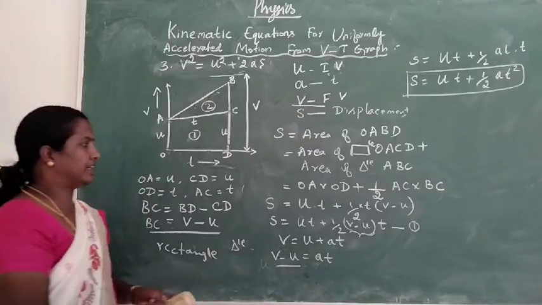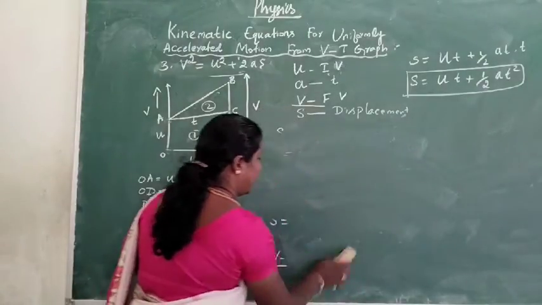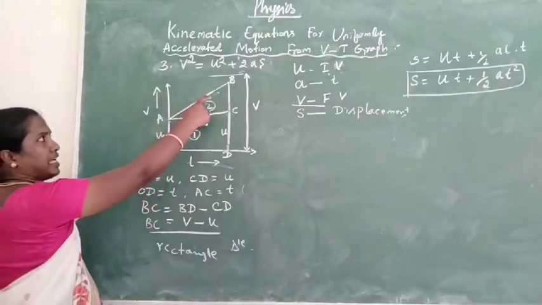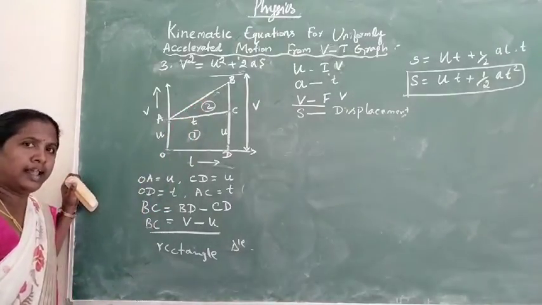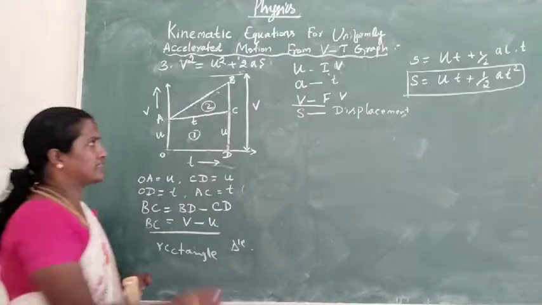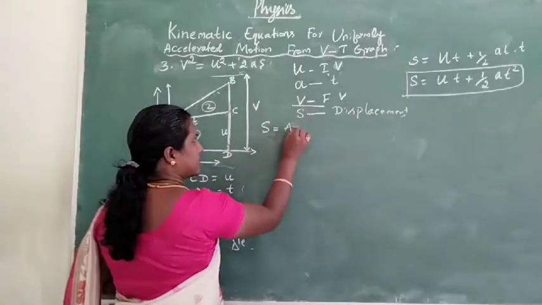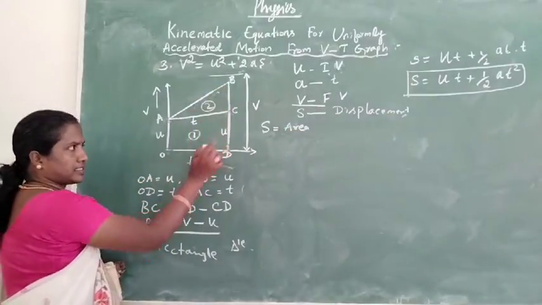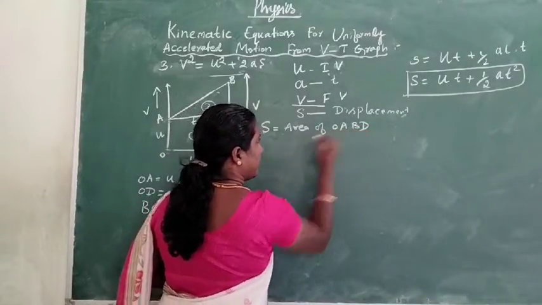So for the first method, let us consider the displacement equation. What does the area under the velocity time graph represent? The area under the velocity time graph represents the displacement. So let us consider the displacement. Same way displacement is equal to the area OABD.